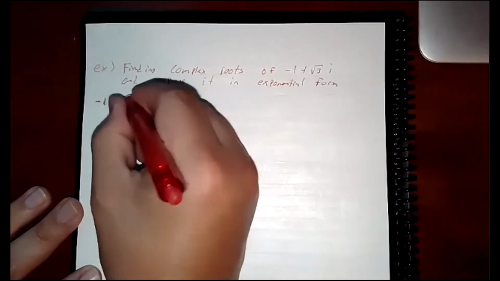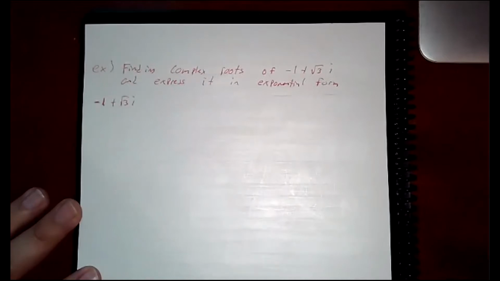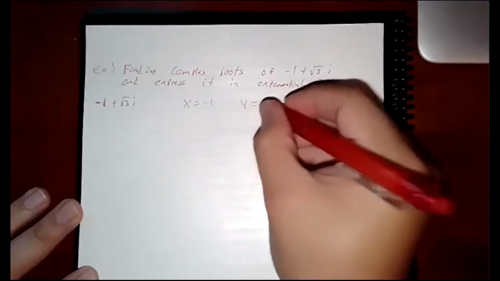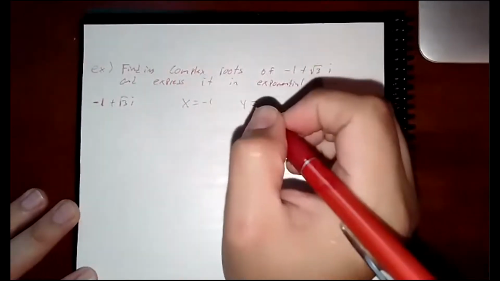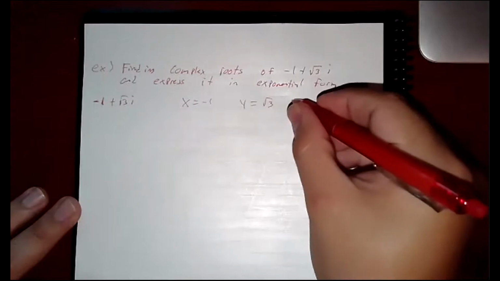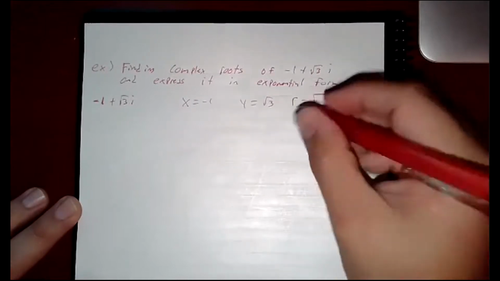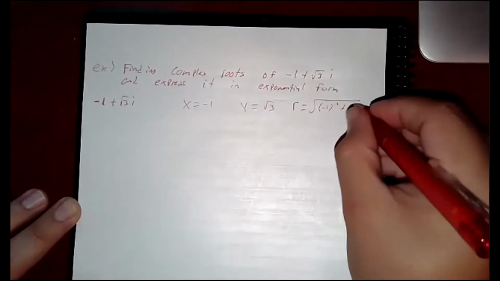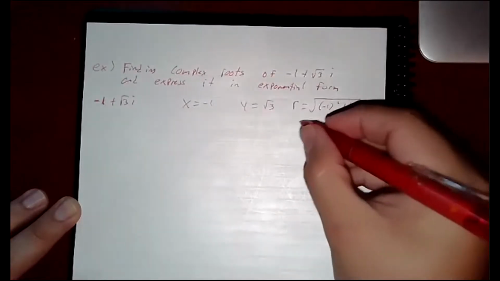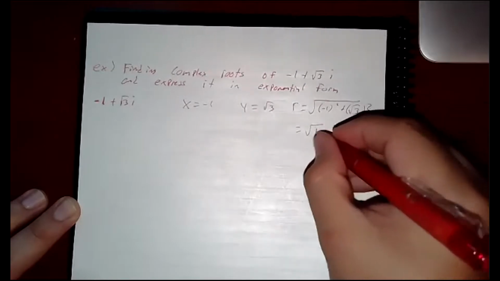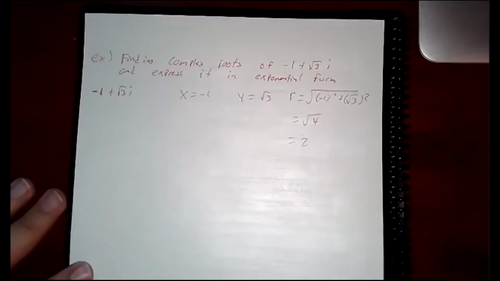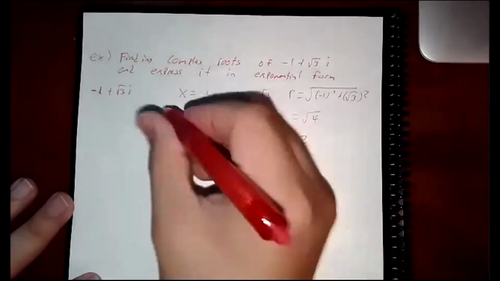Negative 1 plus square root 3i, so x is the negative 1, y is root 3. Solve for r. That would be the sum of these squares, so negative 1 squared plus root 3 squared, which is 4, and the square root is 2. So we got r.